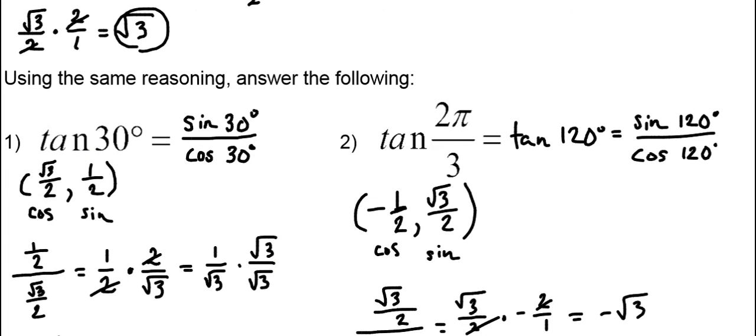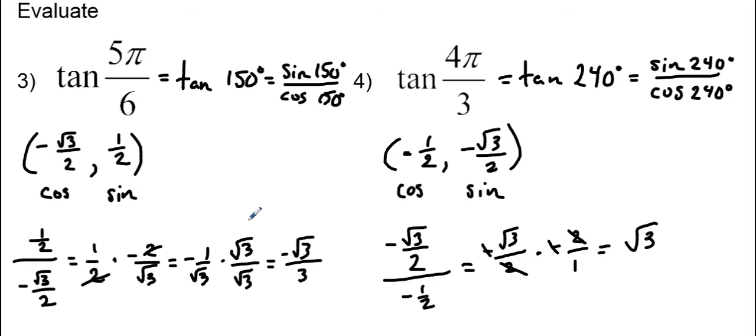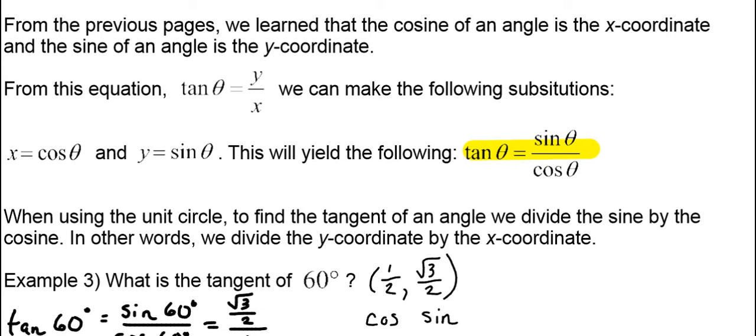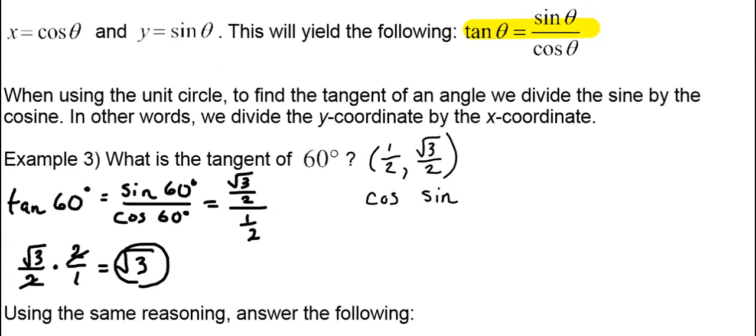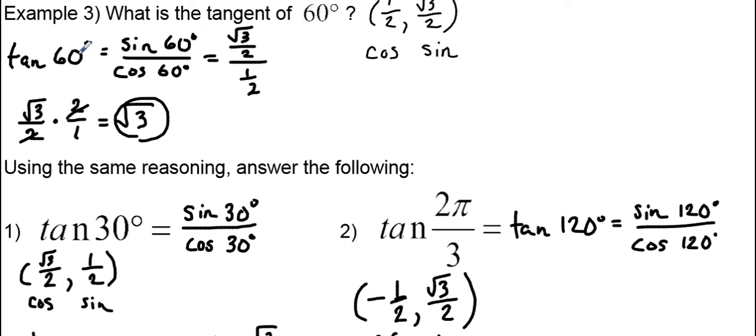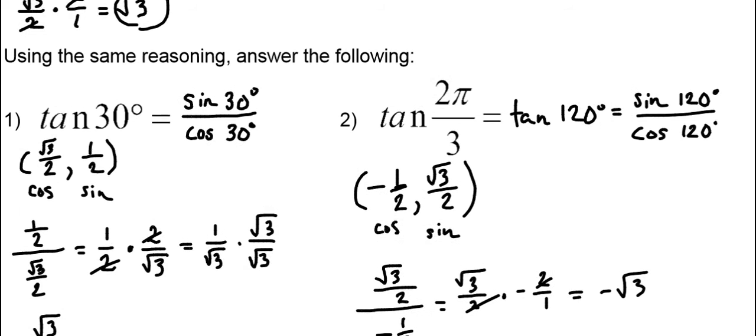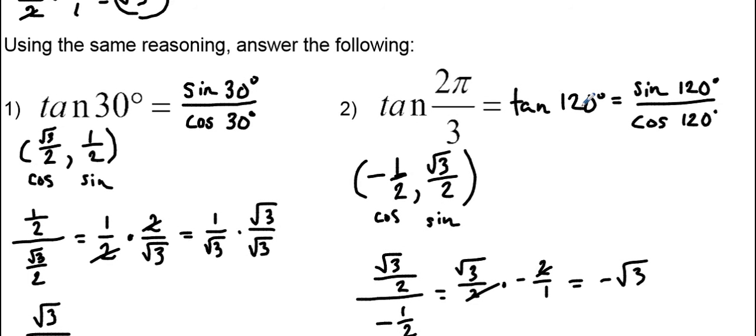And then we also got radical 3 over 3 for the tangent of 150 degrees. Now, the other answer we got was radical 3. The negatives and the positives, I'm not going to worry about those just yet. We got radical 3 for the tangent of 240. We also got radical 3 for the tangent of 60, and actually a negative radical 3 for the tangent of 120.